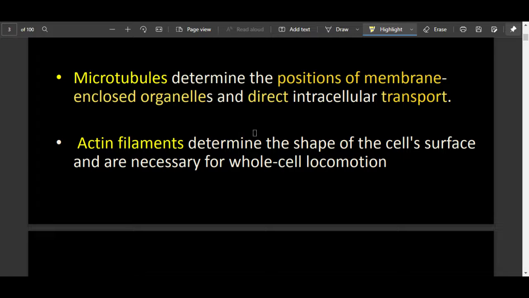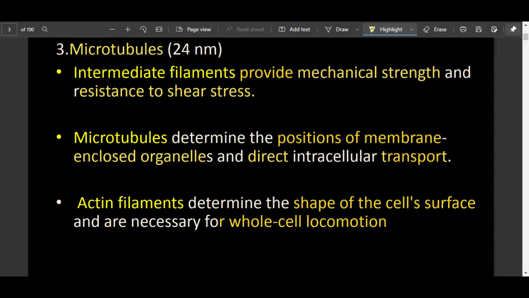Actin filaments determine the shape of the cell surface and are necessary for whole cell locomotion. When the cell needs to move, actin filaments are involved.